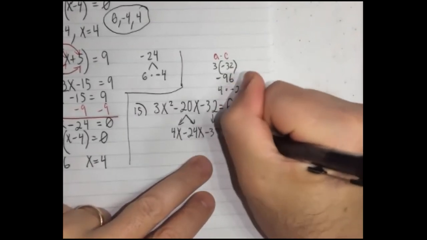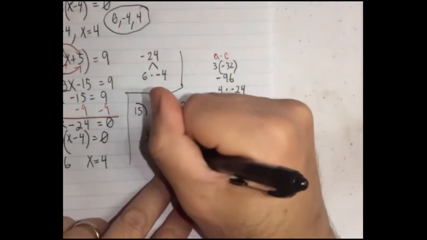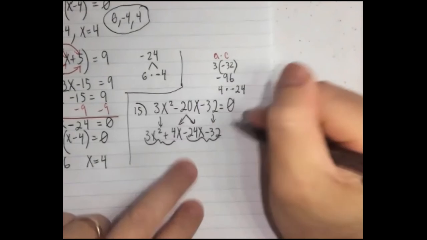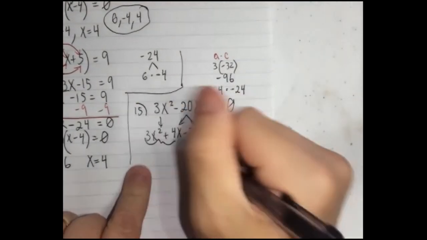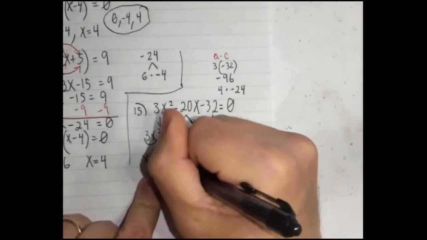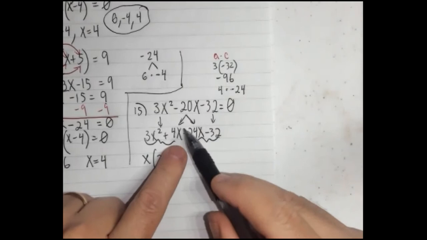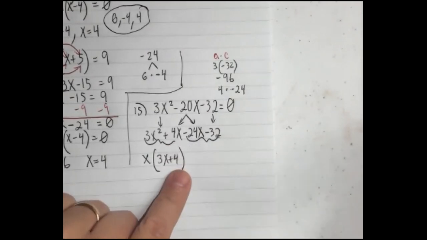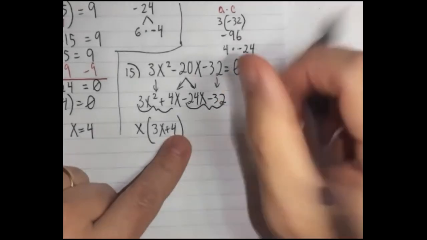Just rewriting those so I can use my grouping method for these. Here I'm factoring out, all I can factor out is an x, and I'm going to have 3x plus 4. Again, the key is that negative sign right there tells me whatever I factor out has to be negative.